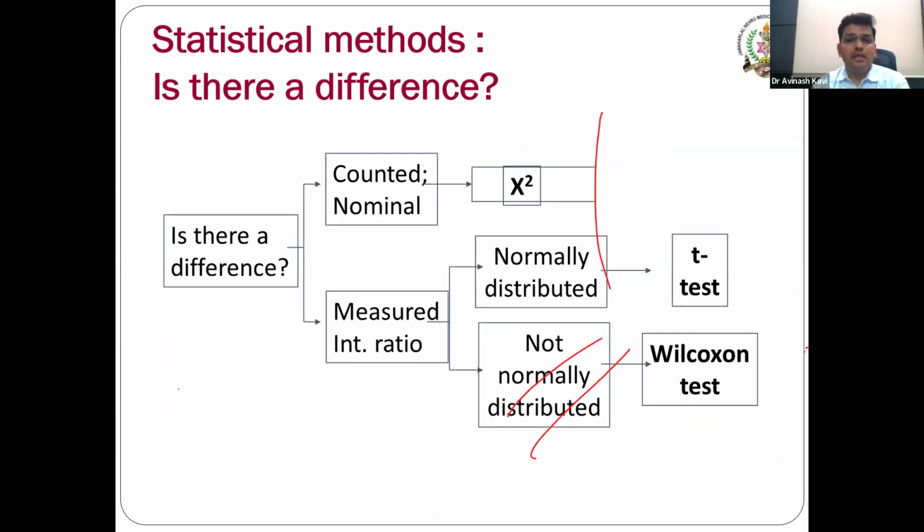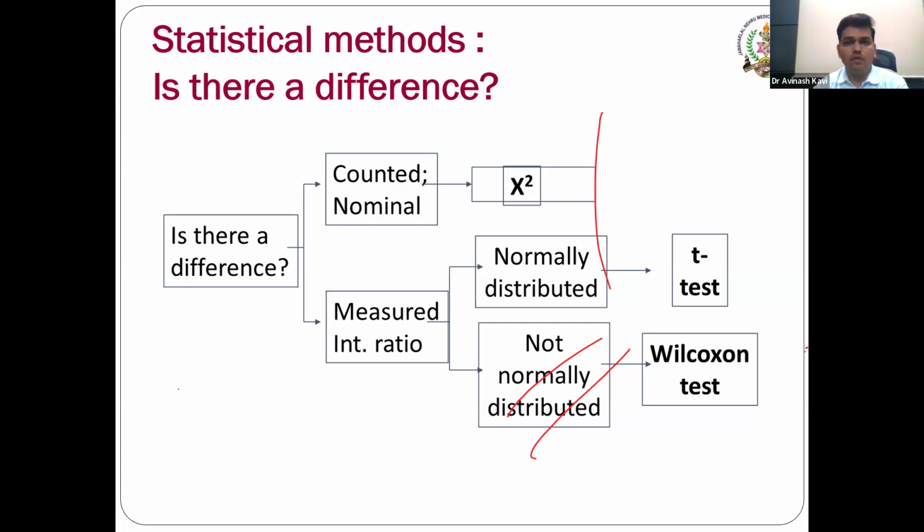So this is just an overall overview of how to go about it. Of course, some weeks ago we had a separate session by Dr. Asha about choosing the best statistical test. I think most of us can refer to that as well. That has been very clearly mentioned in that webinar too. Just to give an overview: if there is a difference, what is the type of data that we are having?